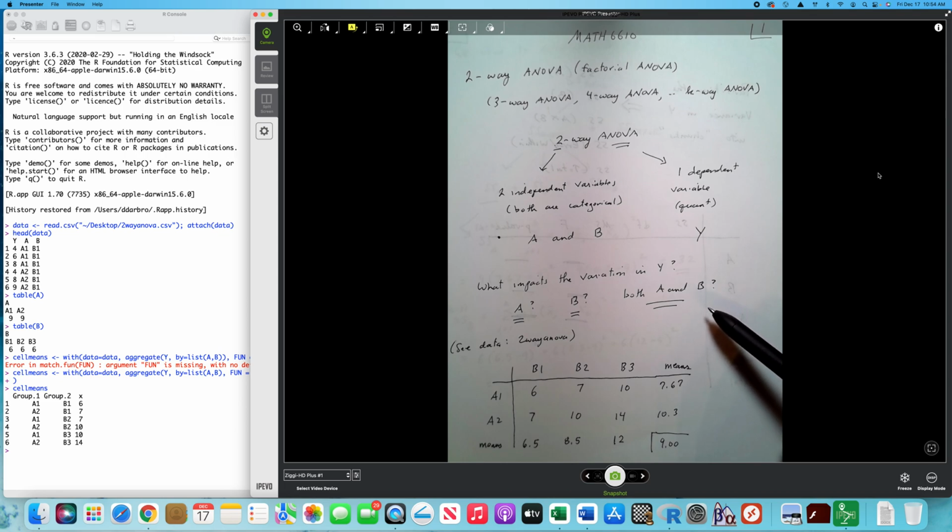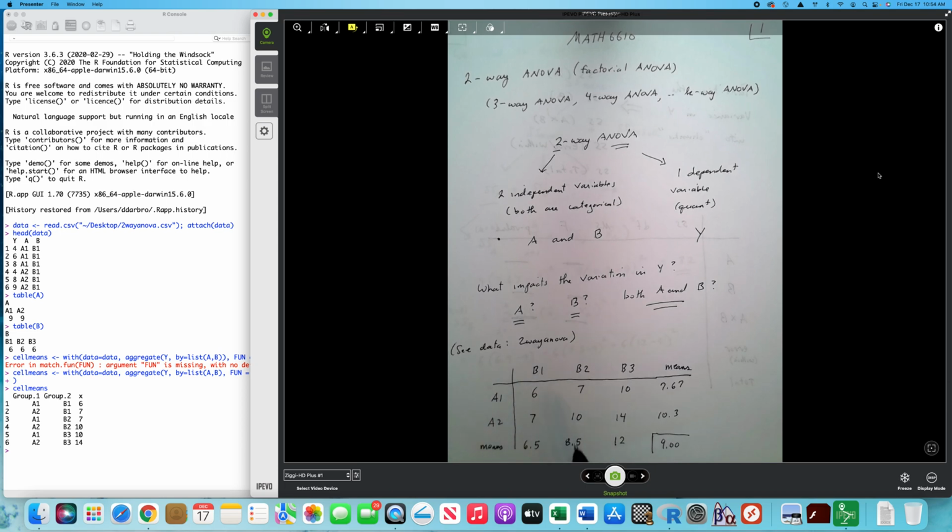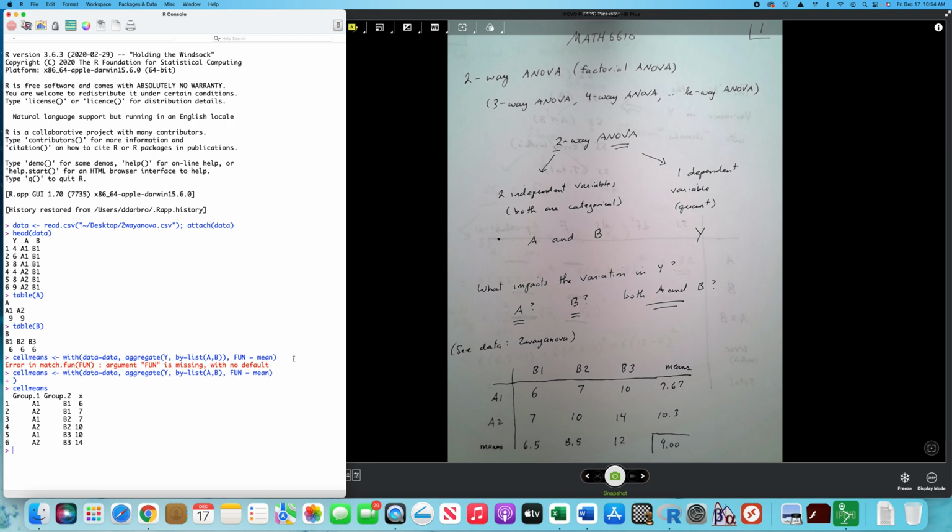So A cross B, if you will. So I want to know the mean of the Y values when A is equal to A1 and B is equal to B1, and when A is equal to A2 and B is equal to B3. I want to be able to find those.